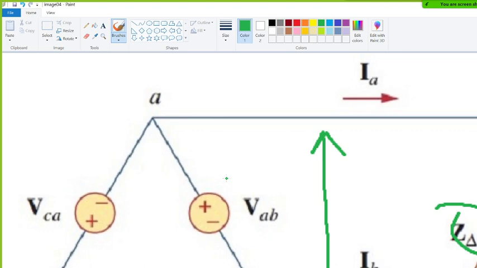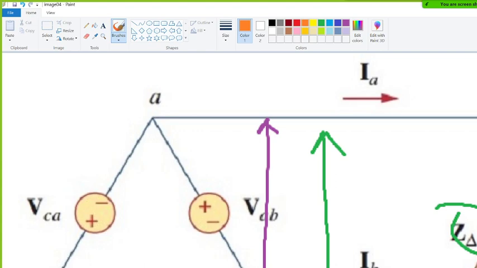Is it okay? Similarly, the voltage across this one is same as this voltage. Compare the purple lines and finally the orange lines. This one and this one.